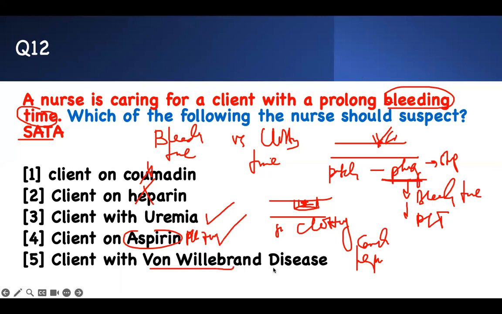Von Willebrand disease is a disease that has factors that affect platelets. That one too is a problem. Therefore, bleeding time is related to platelet function. Anything that affects platelets is your right answer. So don't choose number 1 or 2. I know people will choose that, but this is the teaching moment. 3, 4, and 5. Okay.